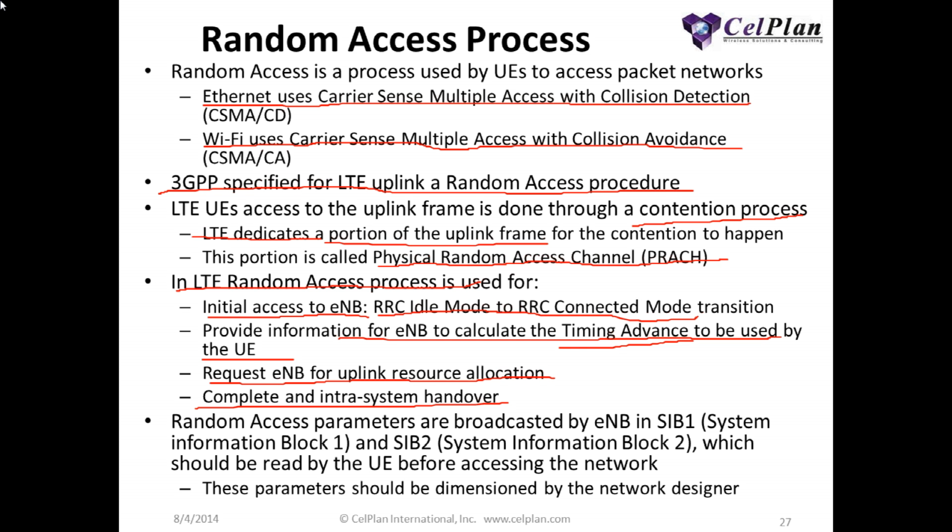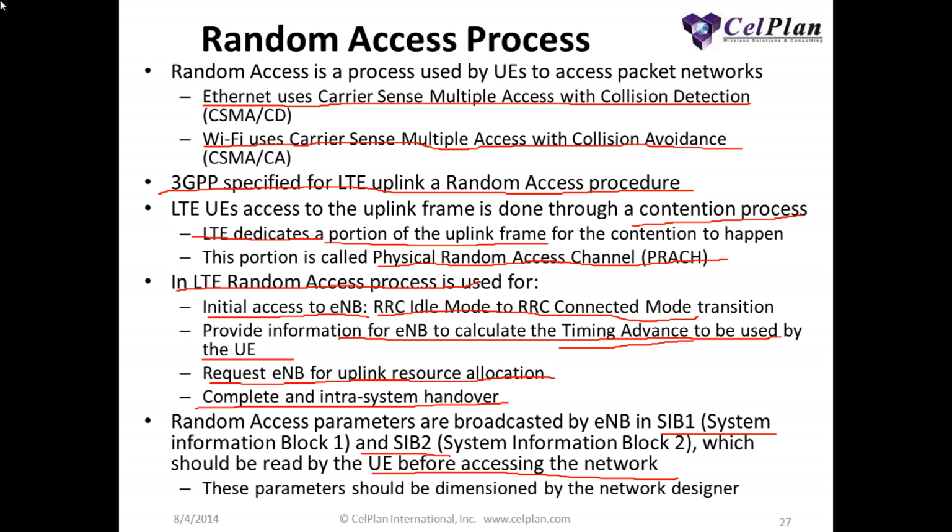To do the random access, the UE has to read some parameters that are broadcast by the eNB in SIB1 and in SIB2. So the UE will not be able to do the random access procedure without reading SIB1 and SIB2.